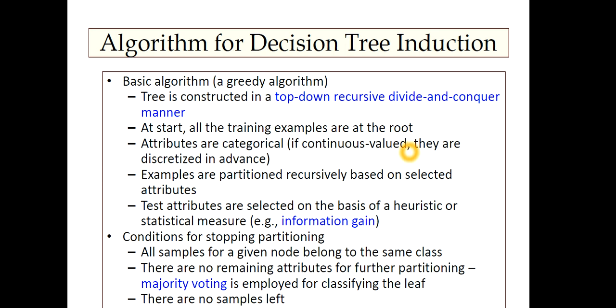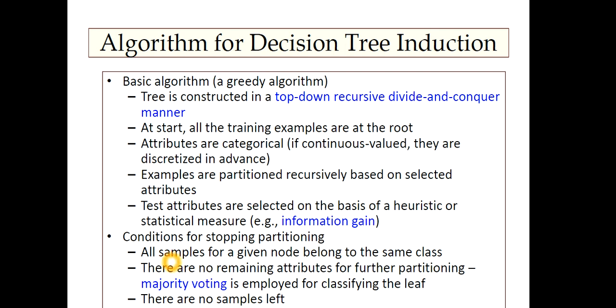Do comment the answer. Then examples are partitioned recursively based on the selected attributes. Then test attributes are selected on the basis of a heuristic or statistical measure. For example, you can consider information gain, or several other measures are also there.